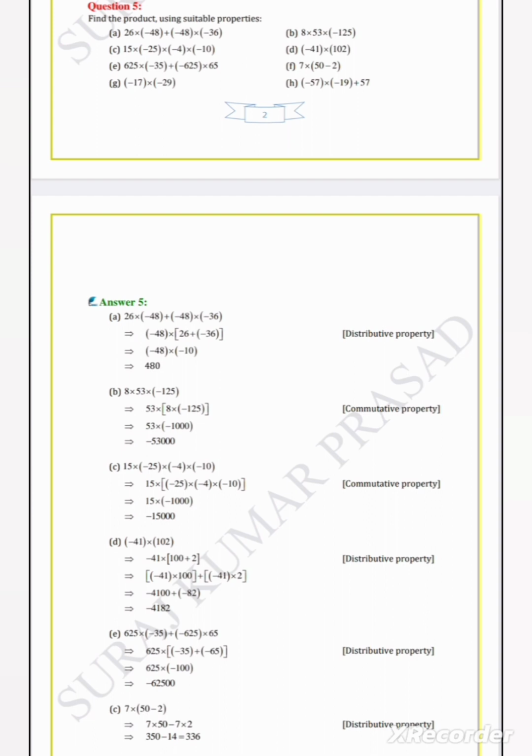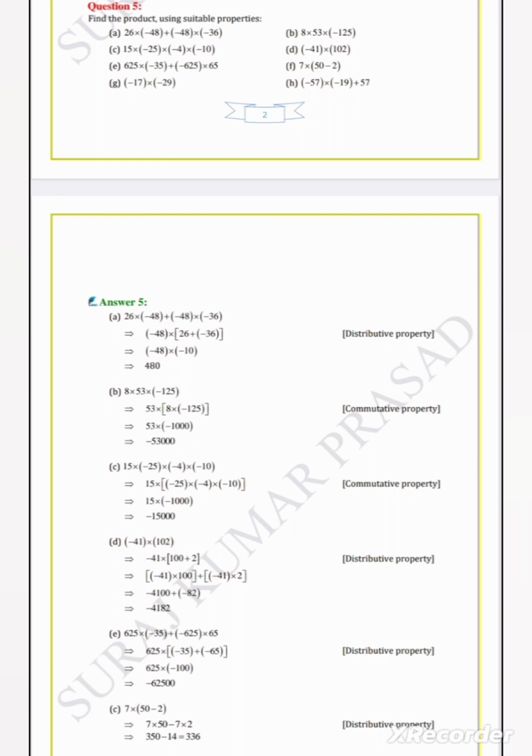And next B, 8 into 53 into minus 125. Here the commutative property is suitable. 53 into 8 into minus 125. 8 into minus 125 is minus 1000, and 53 into minus 1000 is equal to minus 53,000.